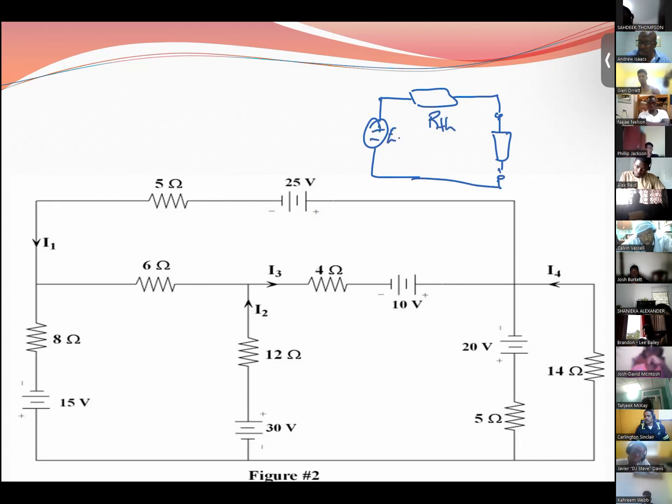This is E Thevenin. Maximum power transfer will occur when the load resistance is equal to the Thevenin resistance. That's the theory. That's all it is saying. You will explore that in greater detail in your labs, so I will not spend any additional time going through it. When you explore it, that will become clear.